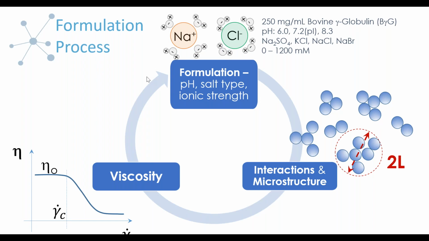Okay, so I want to first start off by trying to explain how we feel viscosity measurements, particularly more extensive viscosity measurements as a function of shear rate, can fit in and really benefit the formulation process. So my circular diagram here is really looking at the formulation.